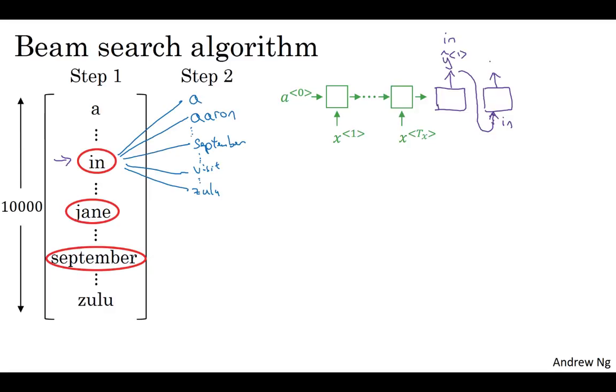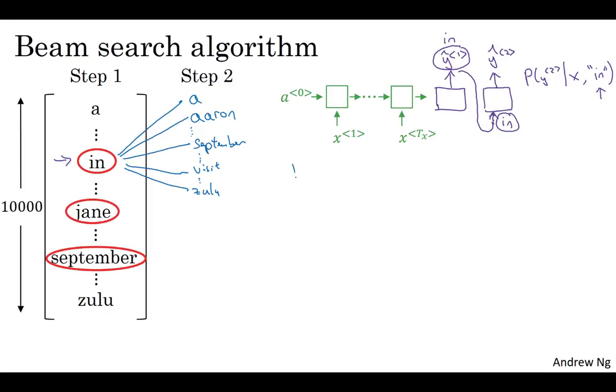And then this will output, I guess, y hat 2. And so by hardwiring y hat 1 here, really the input here, to be the first word in, this network fragment can be used to evaluate what is the probability of the second word given the input French sentence and that the first word of the translation has been the word in.